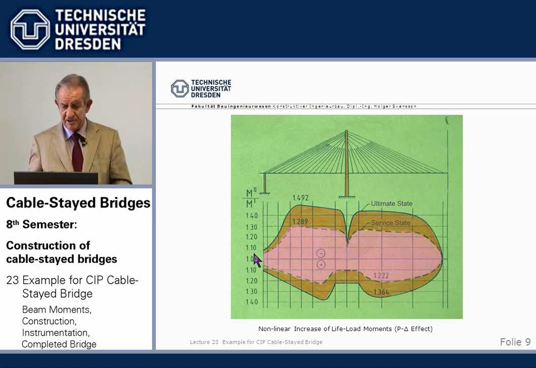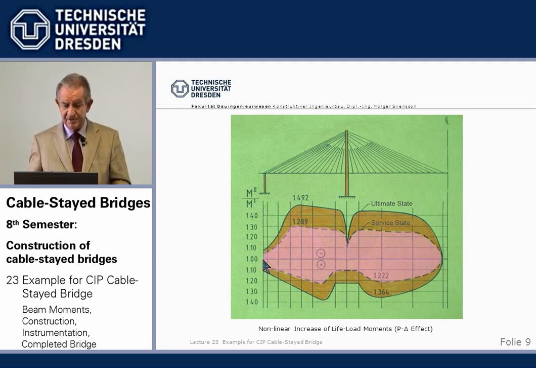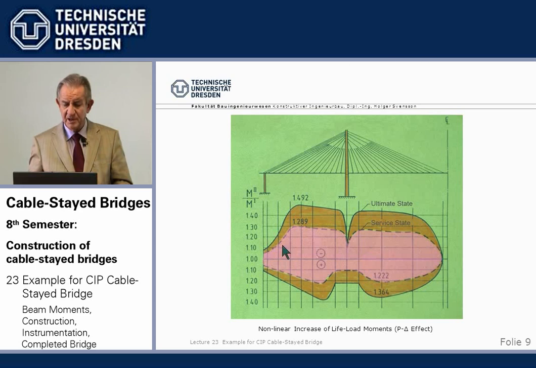We have an increase due to theory of second order, nonlinear or P delta effect. If this is linear, then under surface load we have an increase of something like 1/3, 30%, due to nonlinear effects. And in the ultimate limit state, where we are cracked and the beam is less stiff, we have an increase in moments from linear to nonlinear by about 50%.